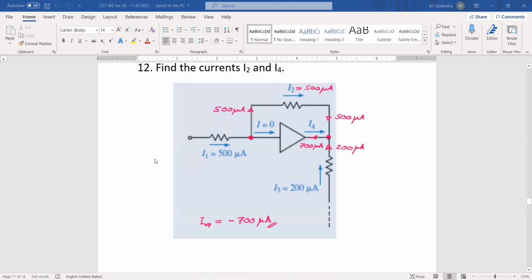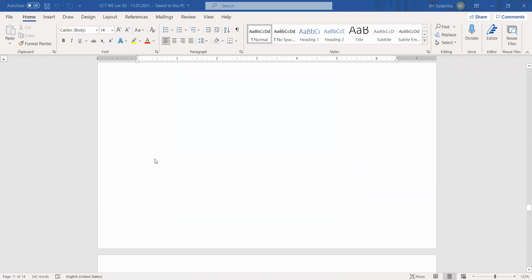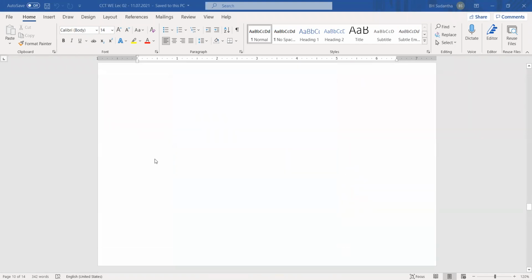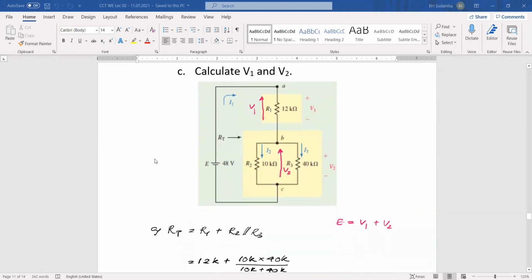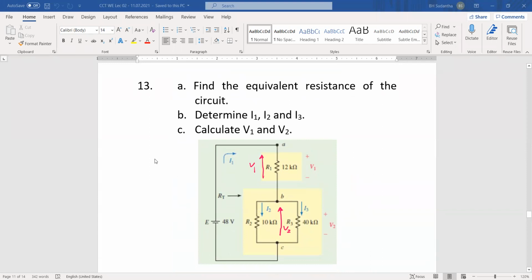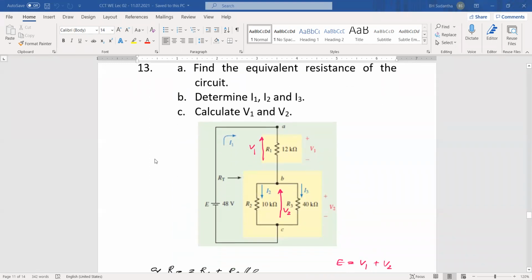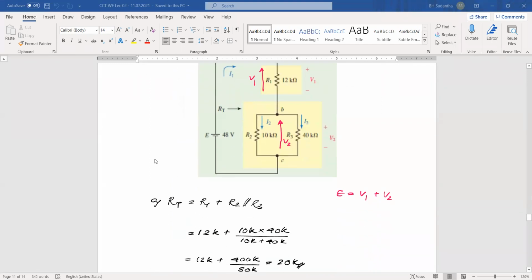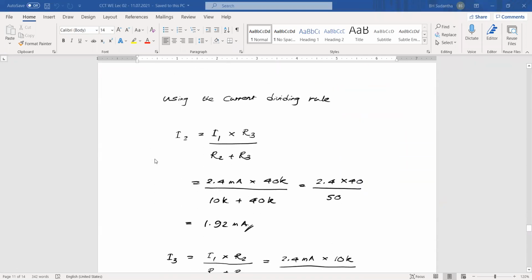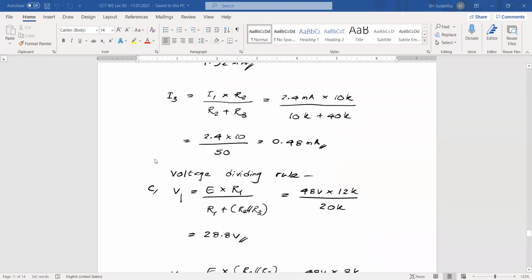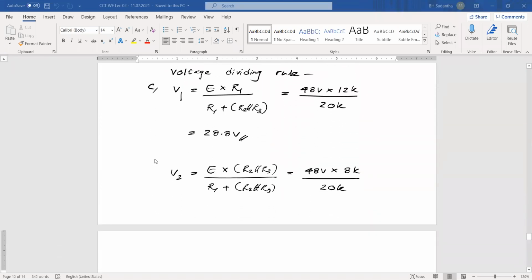Okay, these are the questions that we discussed last day. When you consider number 13, here we wanted to find the equivalent resistance of the circuit, then after that the branch currents and voltage across those resistors. When we do this one, we use the current dividing rule and voltage dividing rule to find the answers.